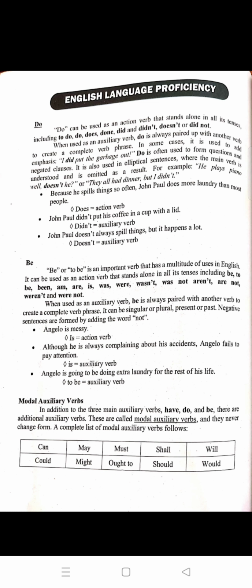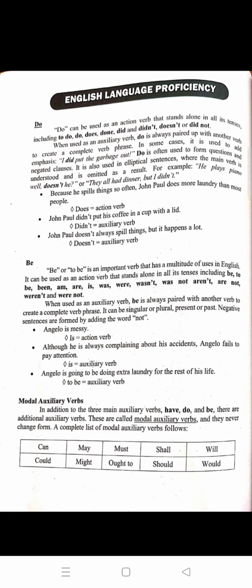Does lang yung nandiyan. Therefore, "does" is an action verb. Kasi yung do, does, did, nagiging auxiliary verb lang sila kapag ganito: "John Paul didn't put his coffee in a cup with a lid." We have there the main verb, which is "put." Kaya, yung "didn't" dyan, it's considered an auxiliary verb.